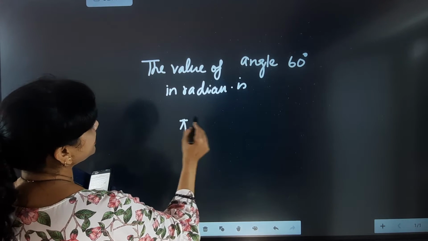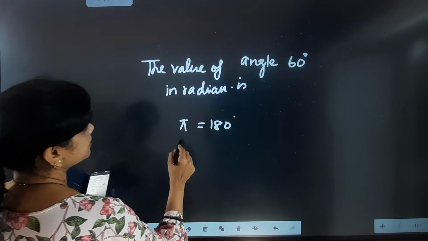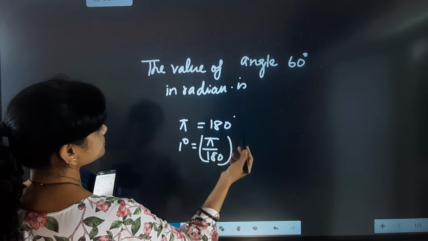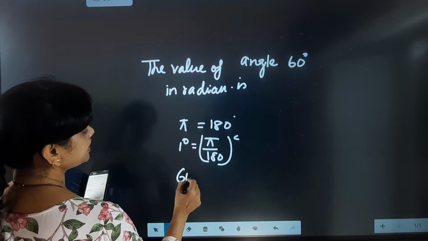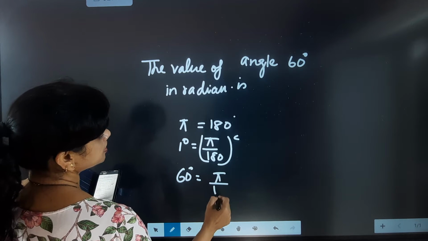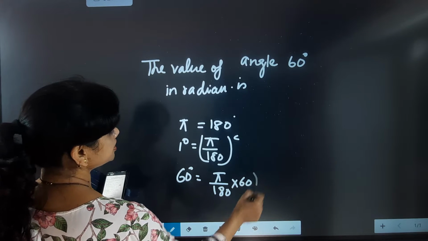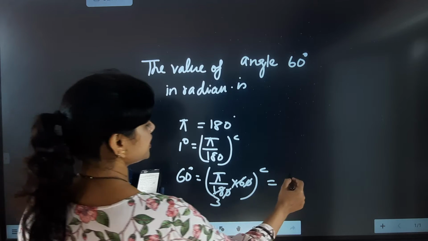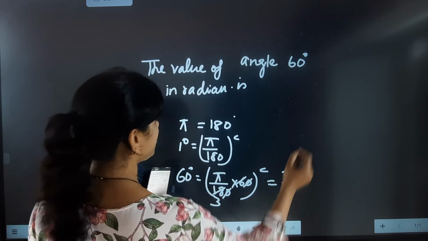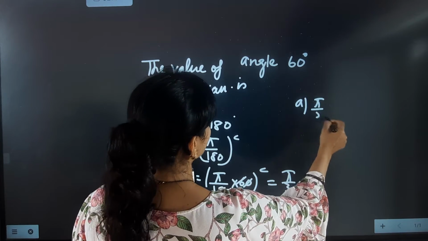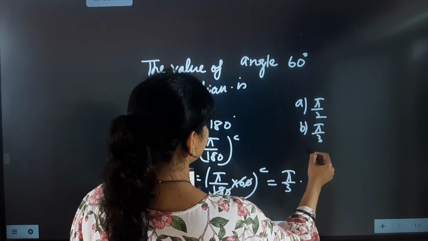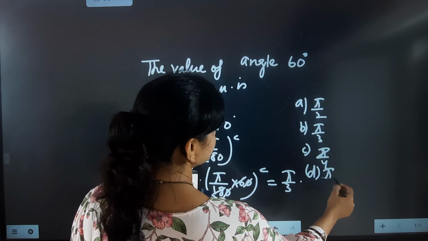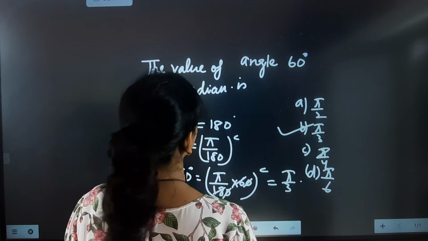We know that pi radian equals 180 degree, so 1 degree will be equal to pi by 180 radian, then 60 degree will be equal to pi by 180 into 60 radian. So here 6 3s are 18, so pi by 3. The options given were pi by 2, second option pi by 3, third option pi by 4 and fourth option pi by 6. The correct answer is coming as pi by 3.